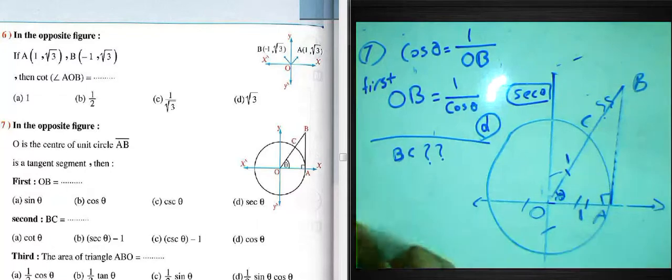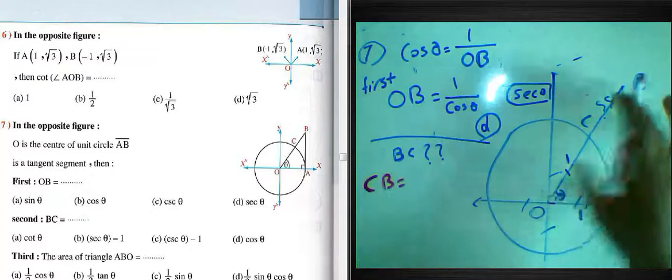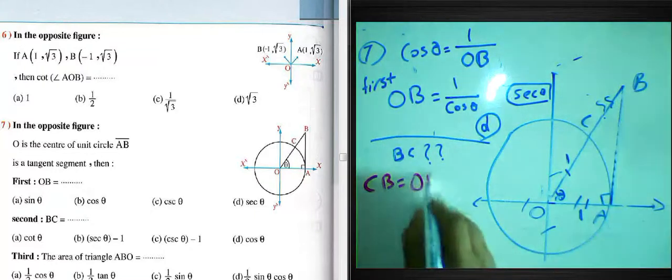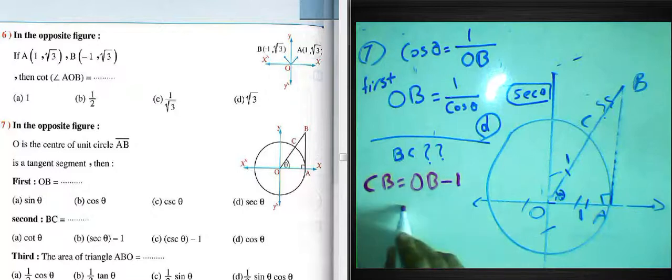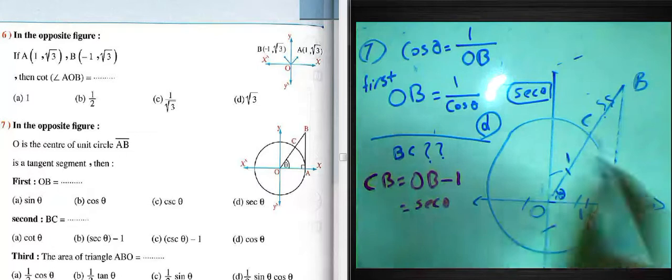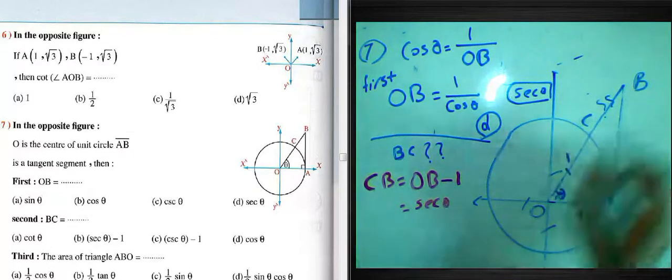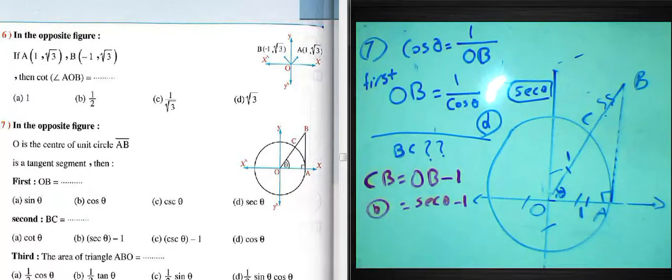CB equals OP minus 1, and OP was sec theta. So OP minus 1 is sec theta minus 1. The result will be sec theta minus 1. We choose letter B. And what about the third?